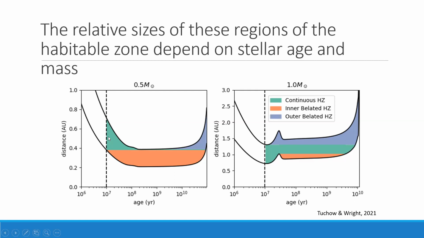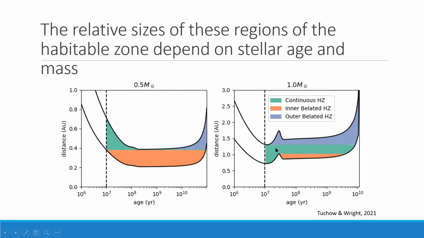And so as you can see, as the star evolves, the continuously habitable region changes over time, and older stars have smaller continuously habitable regions, while more and more of their planets enter the habitable zone from outside. So for this lower mass star, almost all of the planets in the habitable zone at a given age would be planets that enter from outside, these belatedly habitable planets.